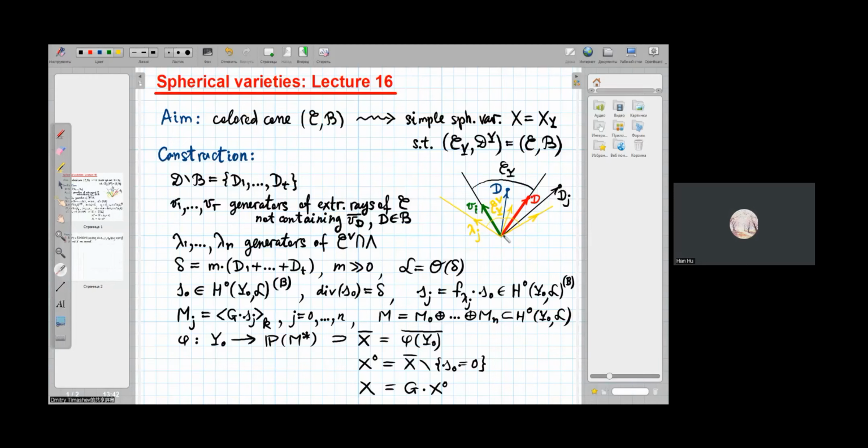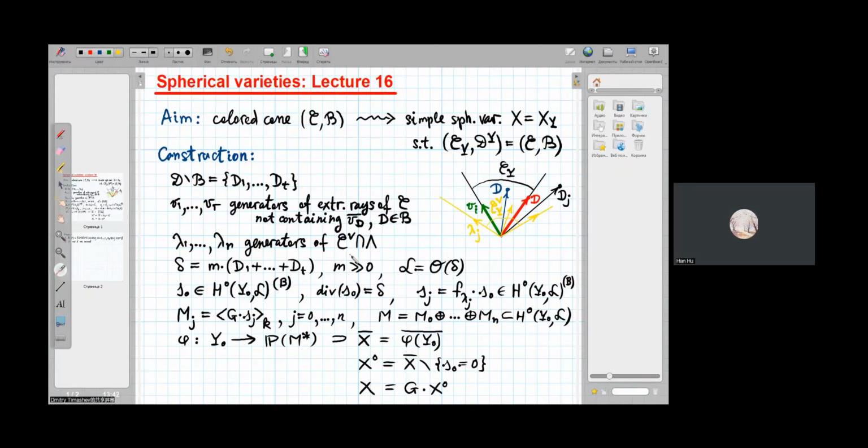And the dual cone, which formally sits in the dual vector space, but I put it on the same picture, is marked by yellow, and the generators of the semigroup of lattice vectors in this dual cone are marked by yellow arrows. Some of these generators belong to the extremal rays of the dual cone, but there may be other generators which do not belong to extremal rays. So we take all generators.